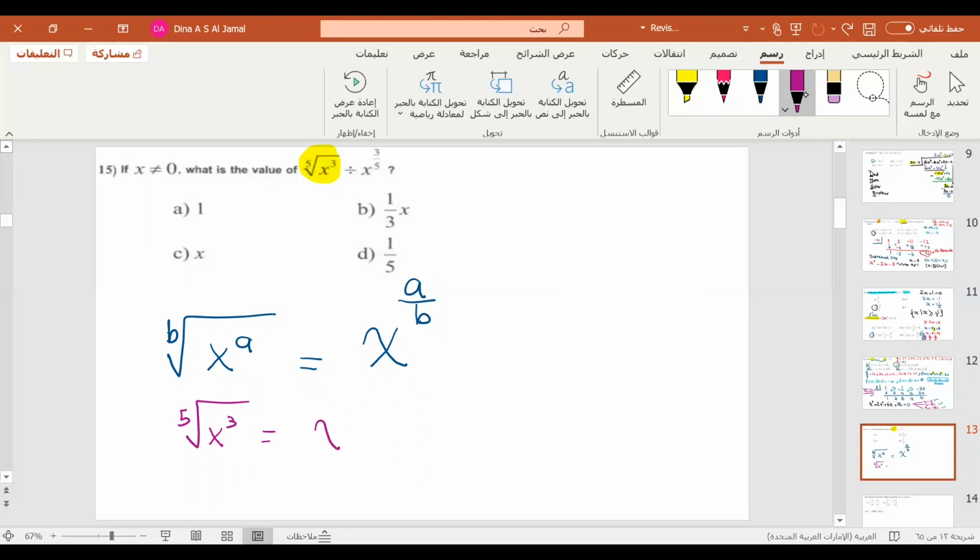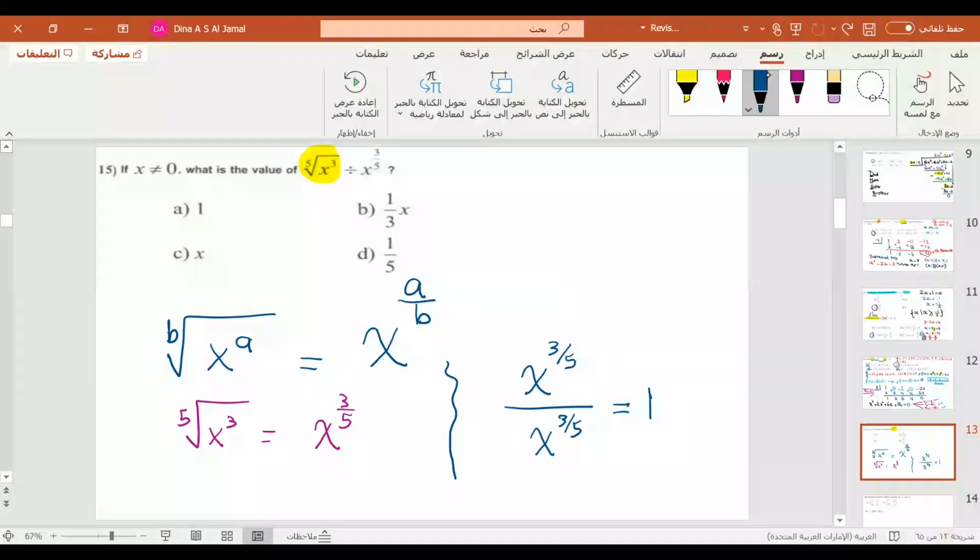It will be x to the 3 over 5. That means if I would like to divide x to the 3 over 5 over x to the 3 over 5, same variable, same power, that means it is 1. And your answer will be directly A. Great.